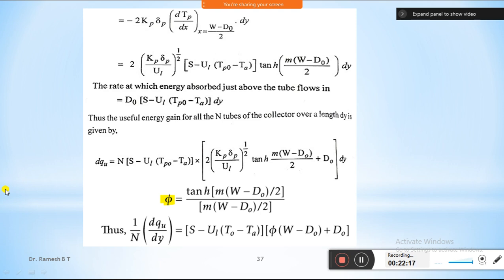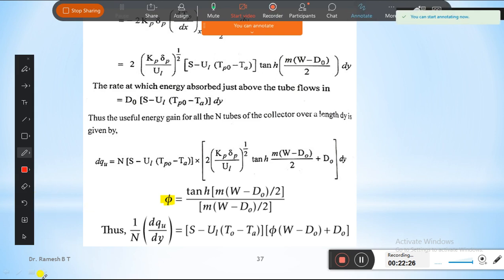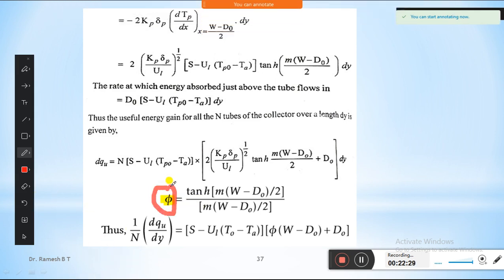Phi is nothing but the plate efficiency, which is defined as the ratio of heat conducted through the plate to the fluid tube, to the heat which would have been conducted if the thermal conductivity of the plate material was infinite. Then phi is given by tanh(m(W minus d0) by 2) divided by m(W minus d0) by 2, and we can replace this by the phi value.